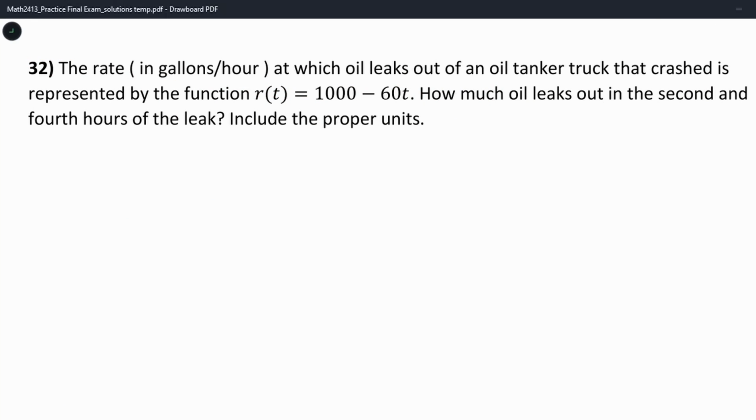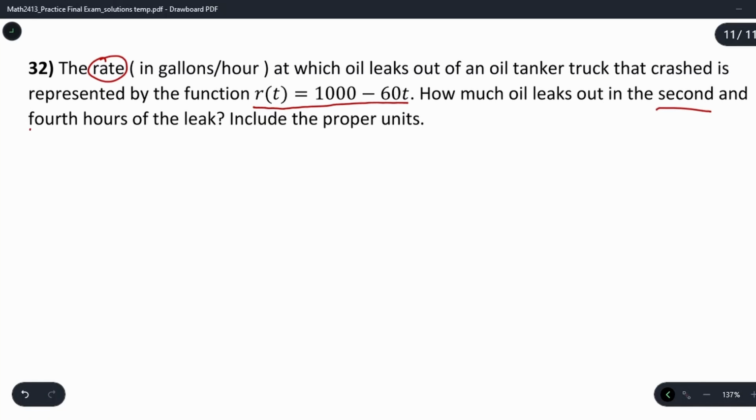Next, number 32, the rate in gallons per hour at which oil leaks out of an oil tanker truck that crashed is represented by the function. And so here we have the function that represents the rate at which we're losing oil. How much oil leaks out in the second and the fourth hours of the leak?